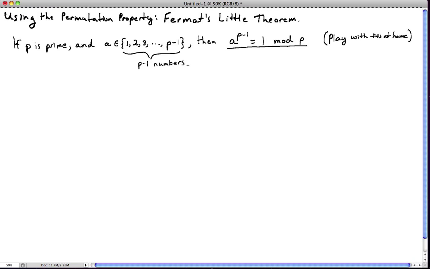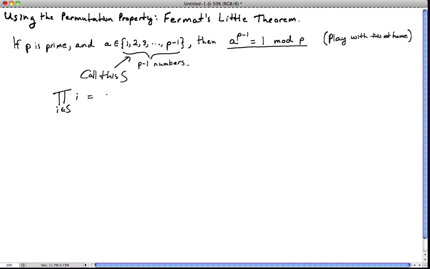So let's call this the set S. Now, suppose I take the product of all the numbers in S, the product over i in S of i. Right? What is this?